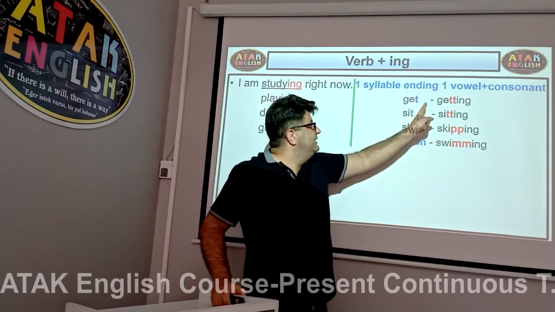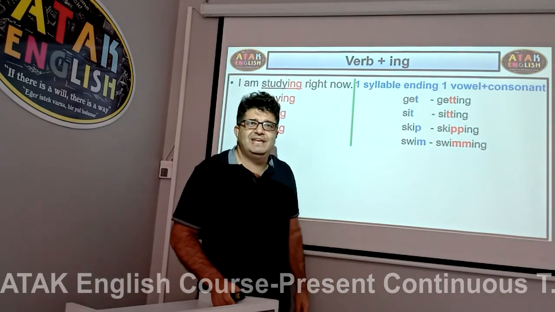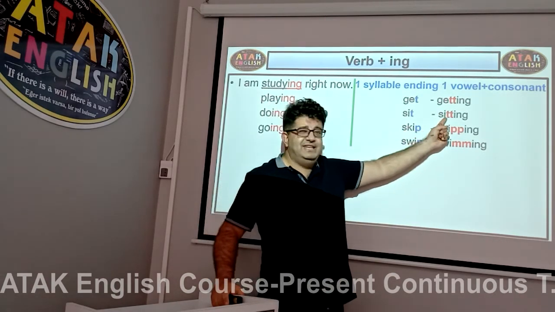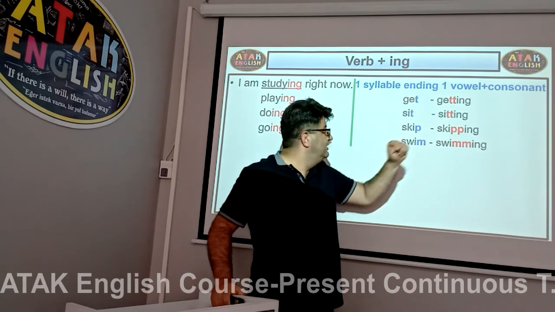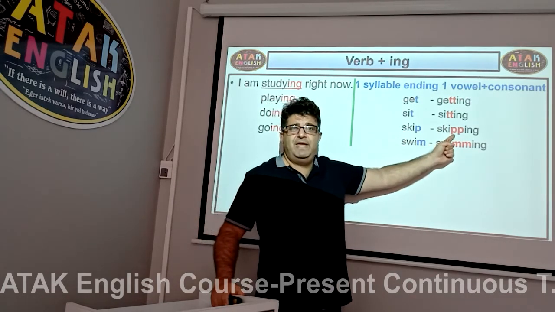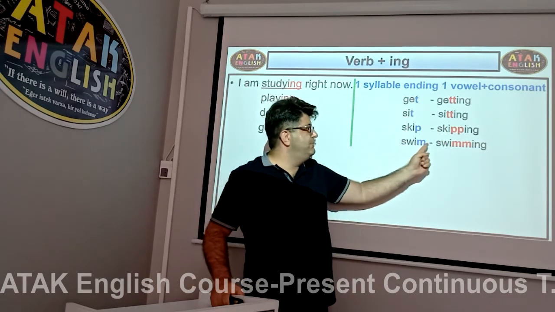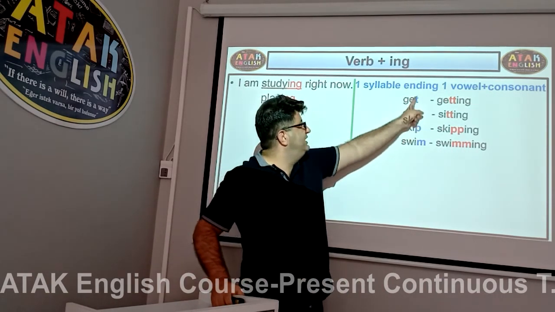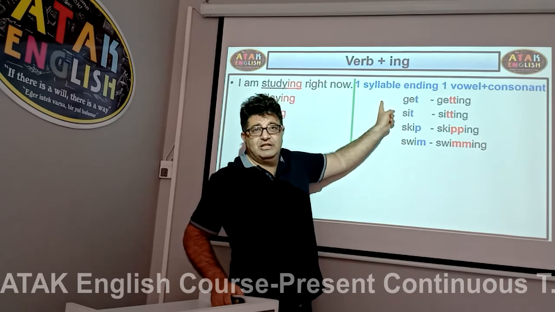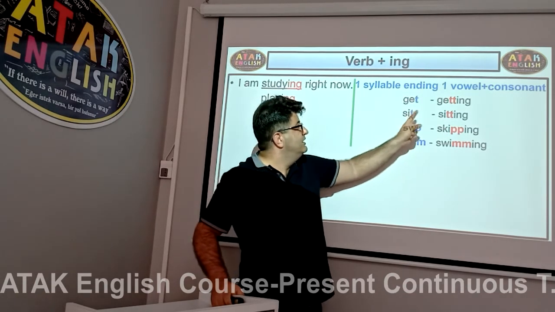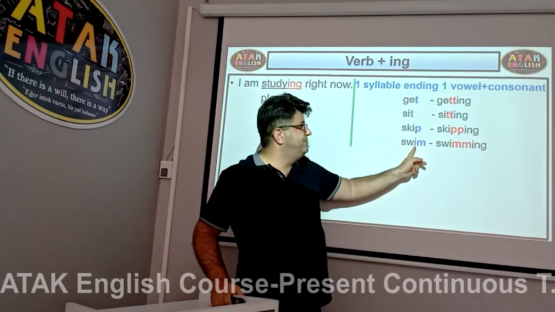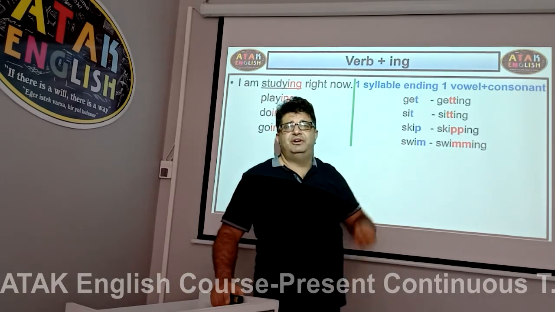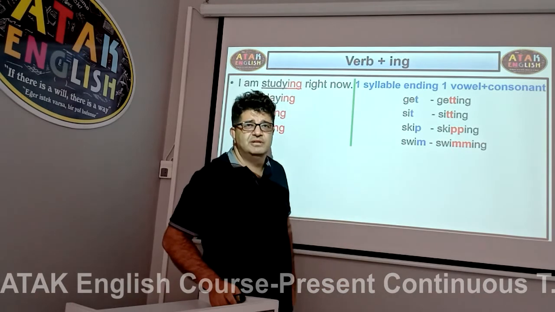So get becomes getting with double T. Sit becomes sitting with double T. Skip, skipping, and swim, swimming. That's the rule. Why? Because before the last letter in one syllable words, what comes? A vowel sound. If a vowel sound comes, then we make the last letter double plus we put ing.